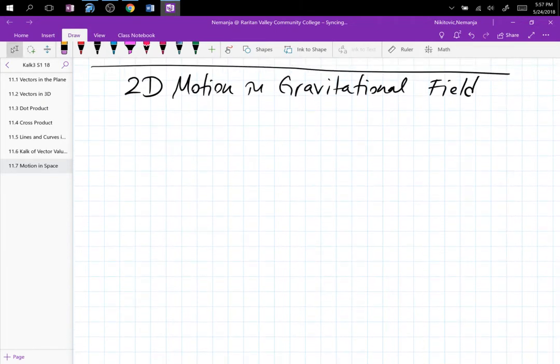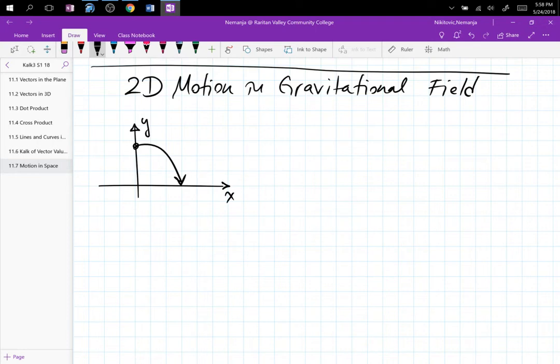And what you are going to do is consider an object moving in a plane with a horizontal x-axis and a vertical y-axis, subject only to the force of gravity. So we are observing the object, let's do this, y and x. So the only force is the force of gravity.